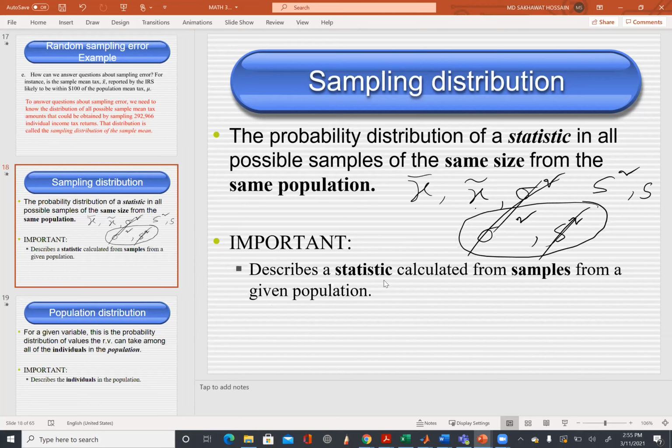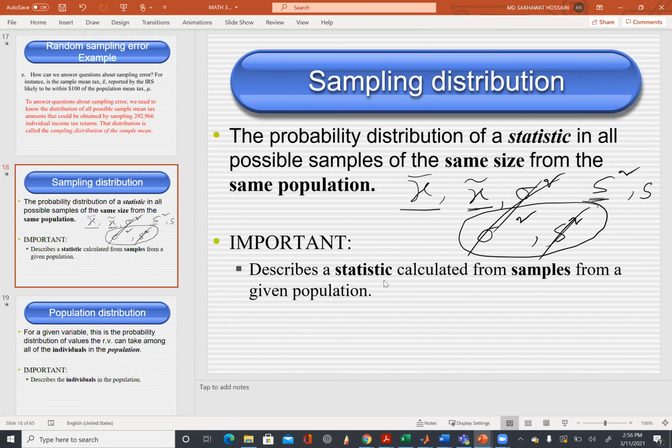Since they are random variables, they should follow some distribution. And the distribution of any statistic is called sampling distribution. If we find the distribution for X bar, it will be called the sampling distribution for the mean. For X tilde, the sampling distribution for the median.